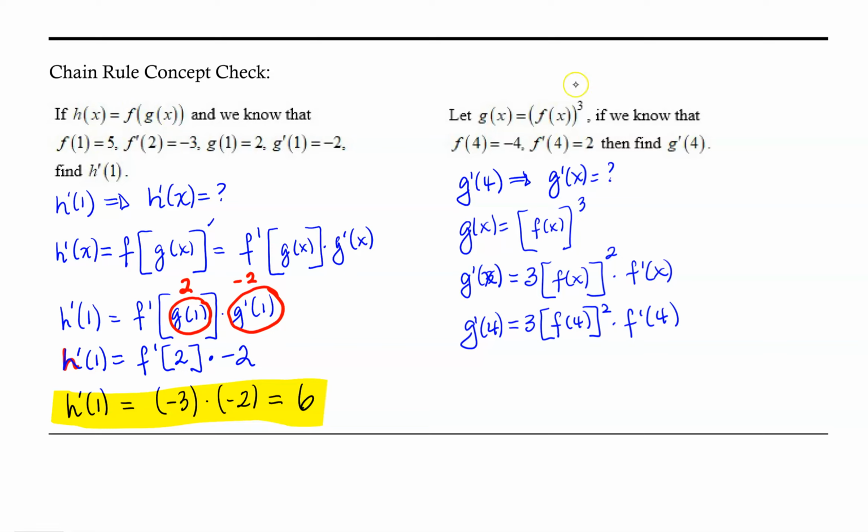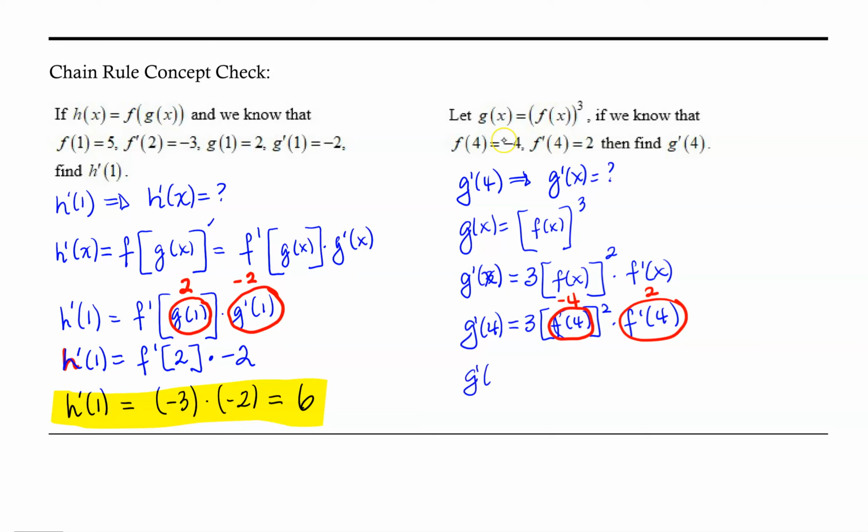And we do know what f of 4 is. F of 4 is negative 4. So we're going to replace f of 4 with negative 4. And we know that f prime of 4 is equal to 2.